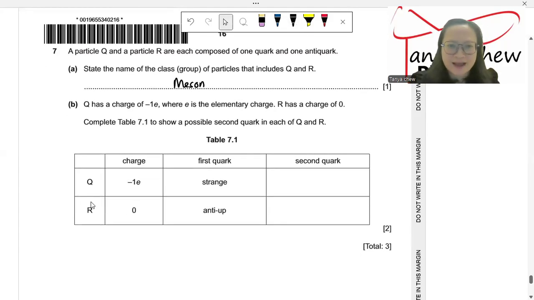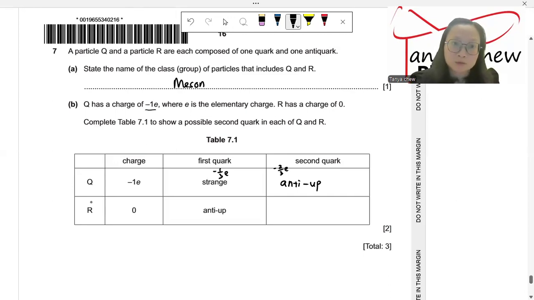I would say that since Q has the charge of negative 1e, the first quark is already strange. So for the second quark, I will put anti-up. Why? Because anti-up will take negative 2 over 3 e, plus negative 1 over 3 e, you get negative 1 e.